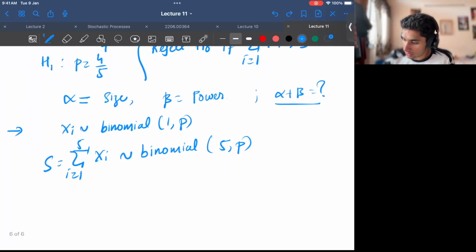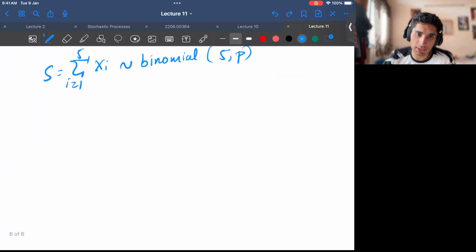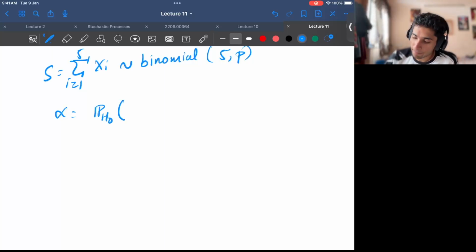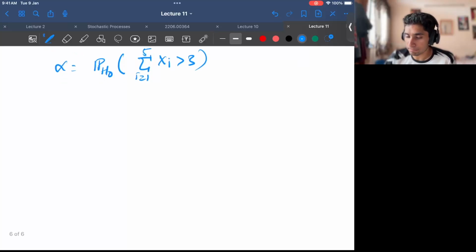Now alpha is your size, so it's basically the type 1 error only. So alpha is the probability under h naught that summation xi is greater than 3, i going from 1 to 5. What will this probability be? If we are assuming h naught, then p is equal to 3 by 4.